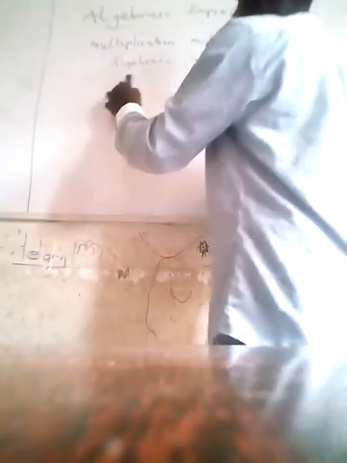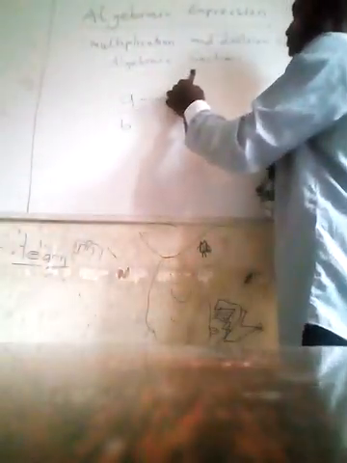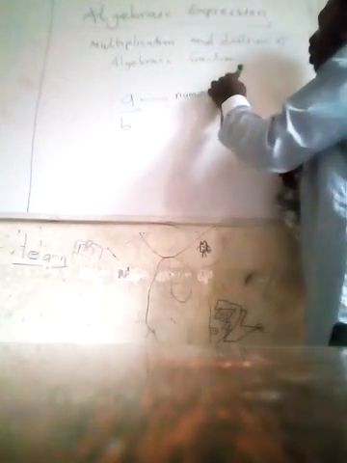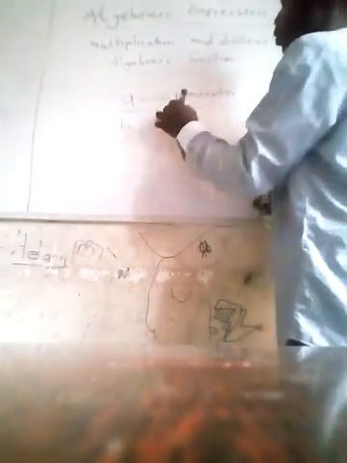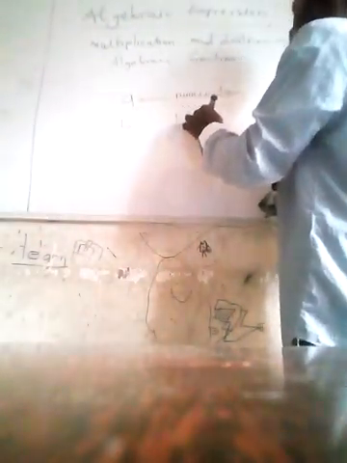Now to multiply algebraic fractions, multiply the numerator and denominator separately. Now, if you have something like A over B, we have names for them. A is the numerator, and then B is what? Denominator.